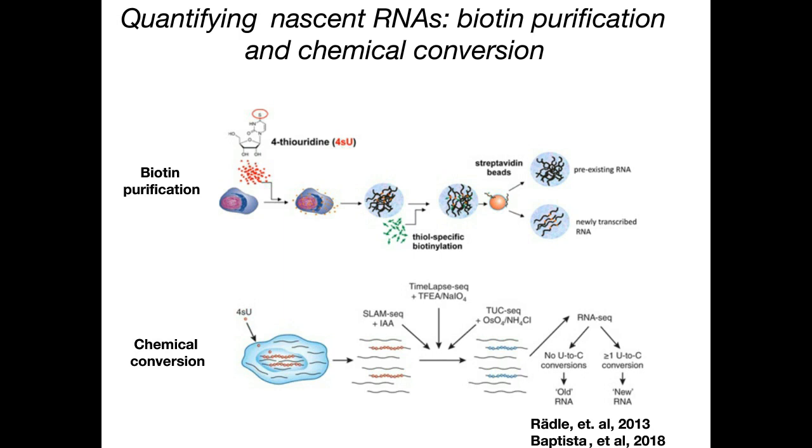And in the end, we can identify the reads that have high confidence of T-to-C mutation, and those reads correspond to the new RNA. So you can see, compared to the purification approach, the chemical conversion avoids the problem of cross-contamination and also the normalization issue, because the purification approach needs to separate the new RNA and old RNA into two separate libraries for sequencing.